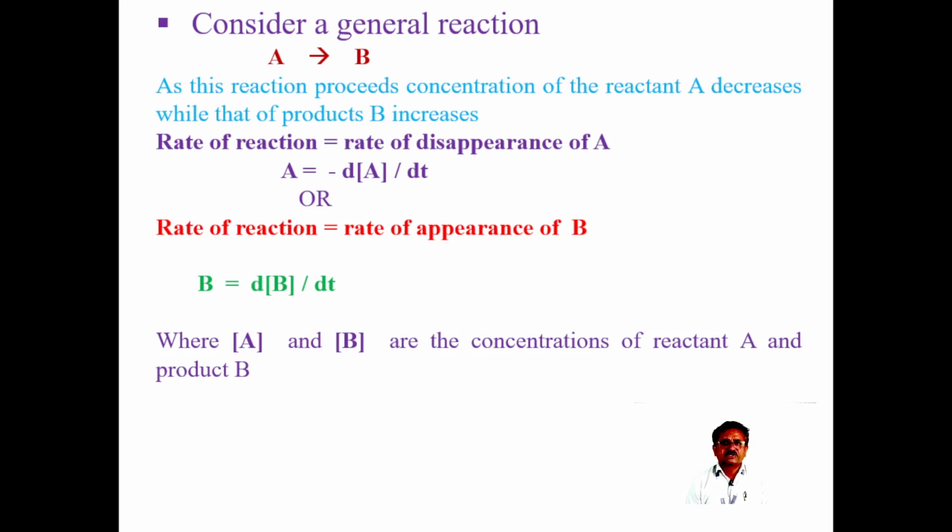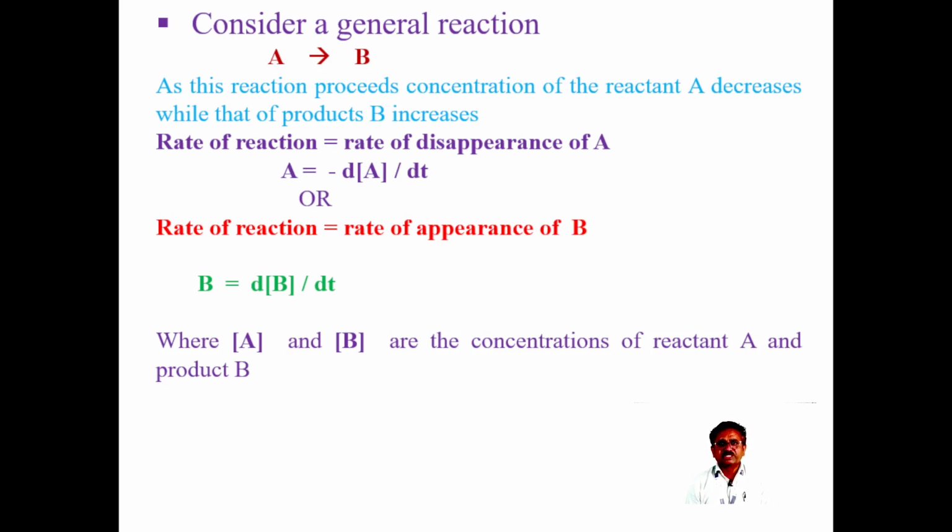Let us consider a general reaction to understand the rate of reaction. A gives B, meaning here A is the reactant and B is the product. There may be more than one reactant or product, but for example we are taking A gives B, reactant gives product.